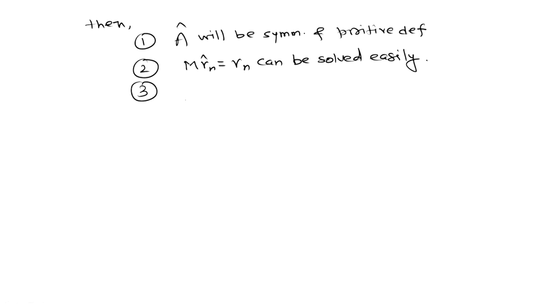And the third one, which is a guarantee for the convergence, is that the spectral radius of I minus M inverse A must be less than 1, or the norm of I minus M inverse A will be less than 1.